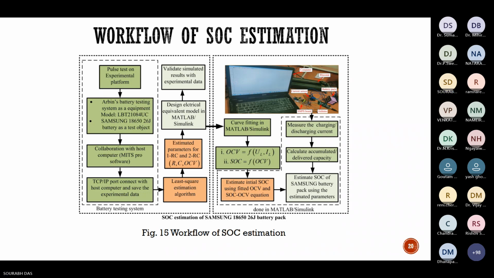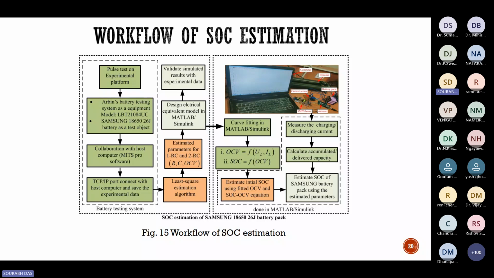Then an electrical equivalent circuit such as the 1RC and 2RC circuit was designed in MATLAB and Simulink, and curve fitting techniques were used to match the simulation with the test result.